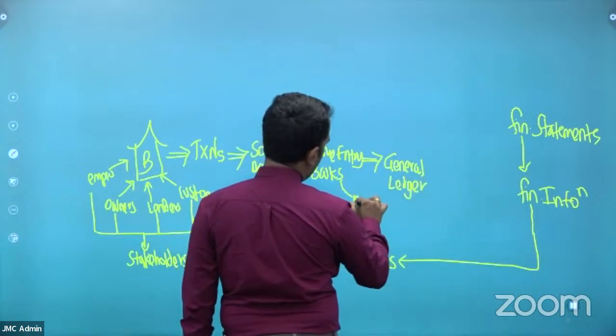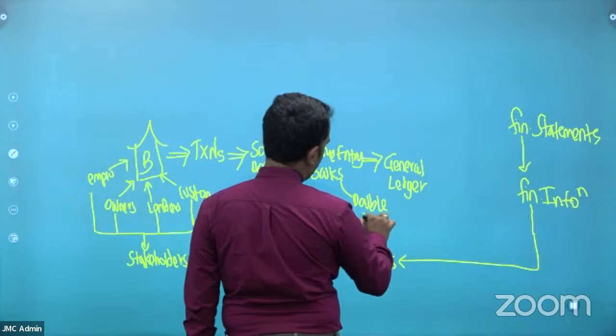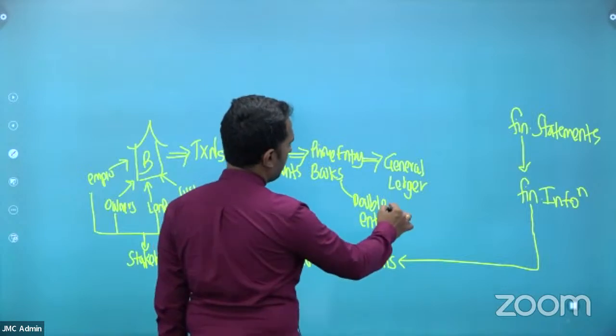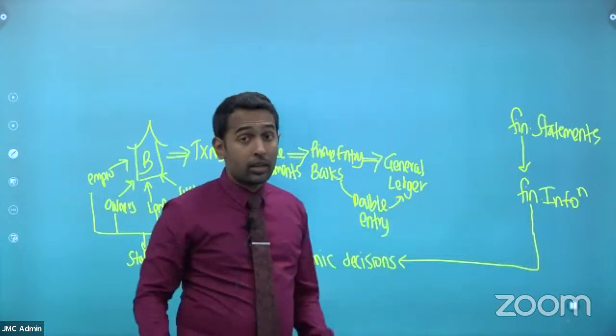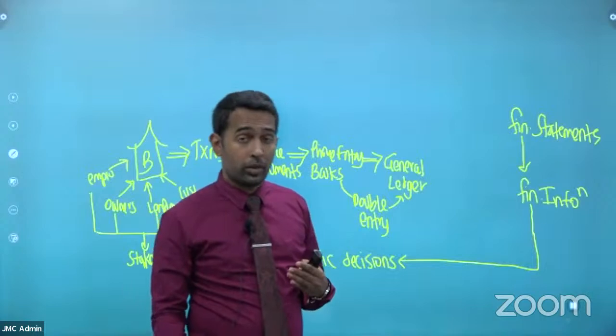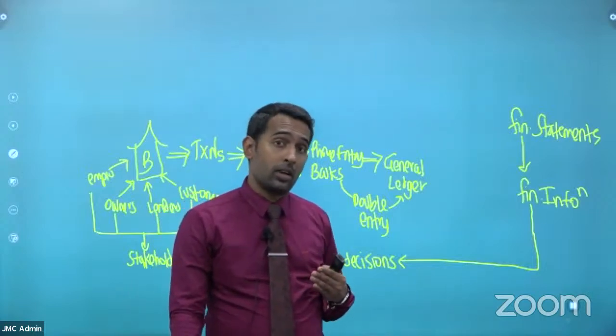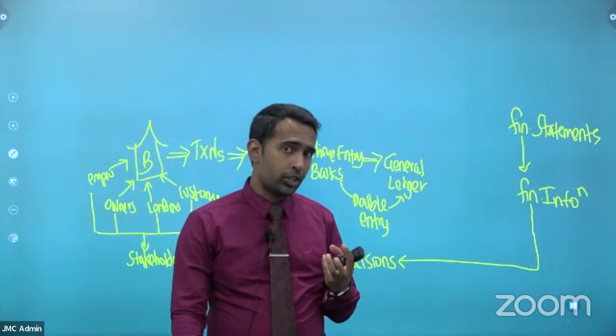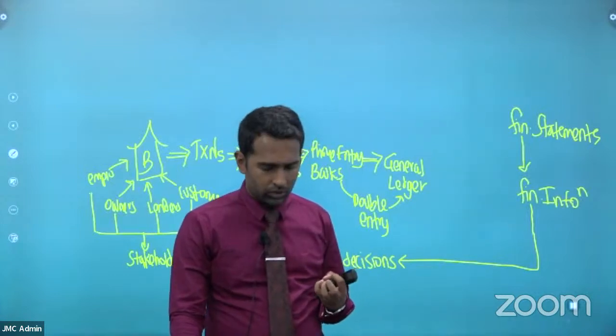You record them in the general ledger by using the double entry system. The totals of the prime entry books, for which you pass the double entry, the debit and the credit, go in the general ledger. Ledger is a collection of information, a collection of T accounts.